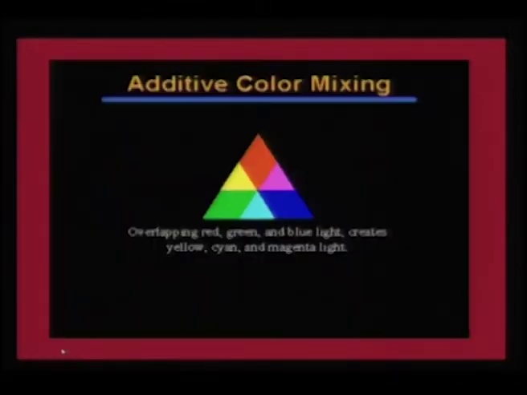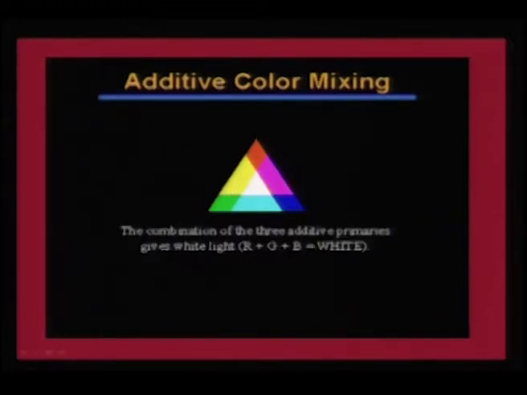So, this is how the phosphor coating is actually made on the glass electrode, and the color mixing, as you know, the principal 3 colors are here, and these colors when they are mixed in equal proportion, then you get white, and this white is a combination of 33% of green, 33% of blue, 33% of red.